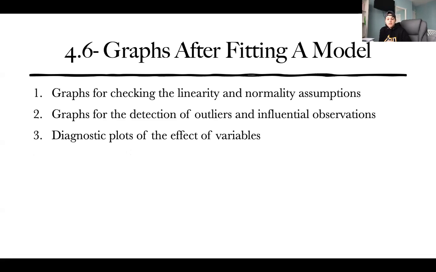The first class is graphs for checking the linearity and normality assumptions. The next group is graphs for detecting outliers and influential observations. And finally, our last group is diagnostic plots of the effects of the variables.